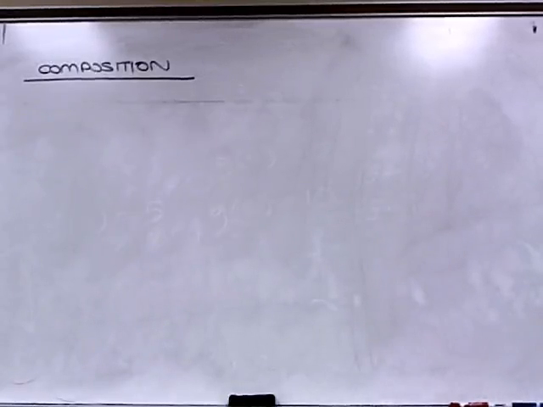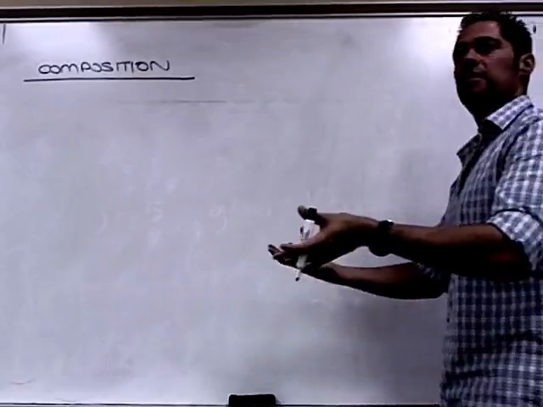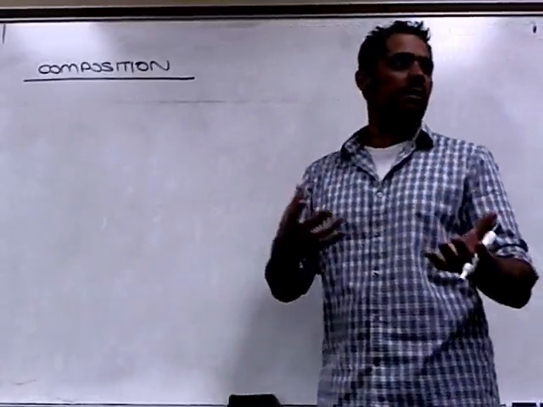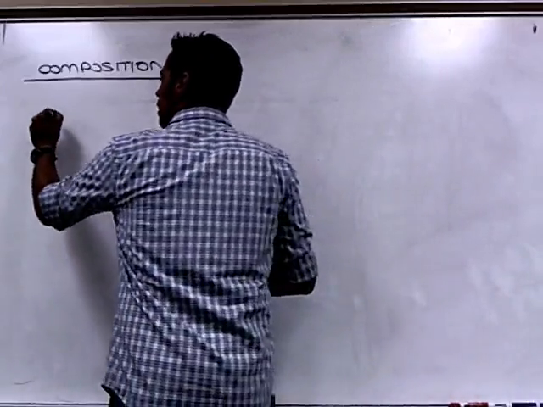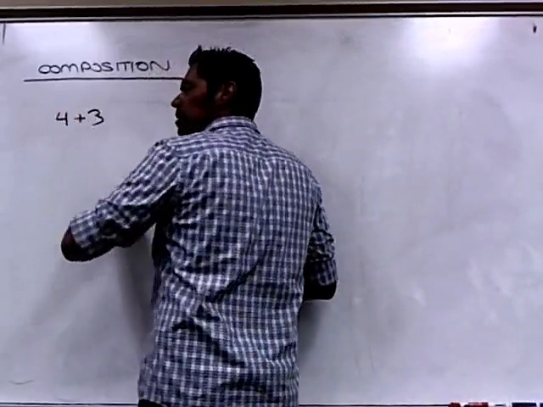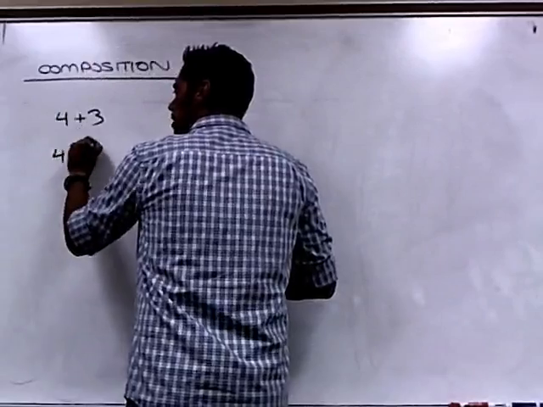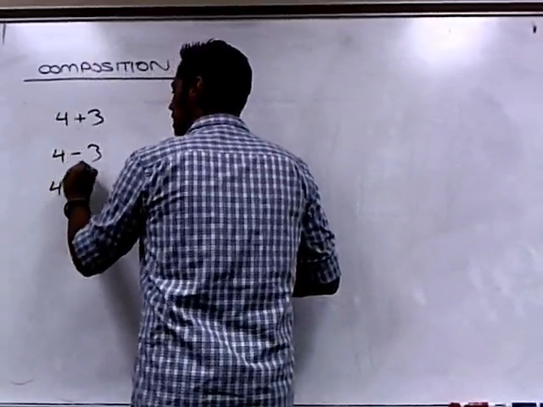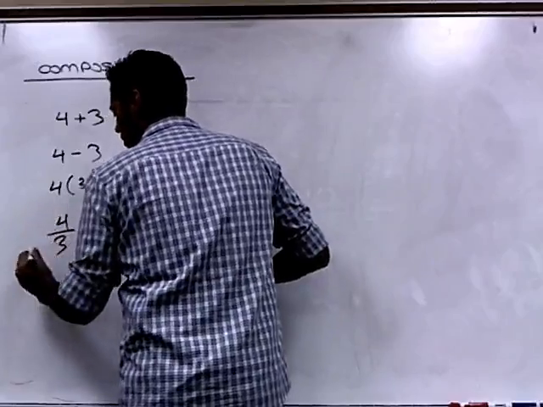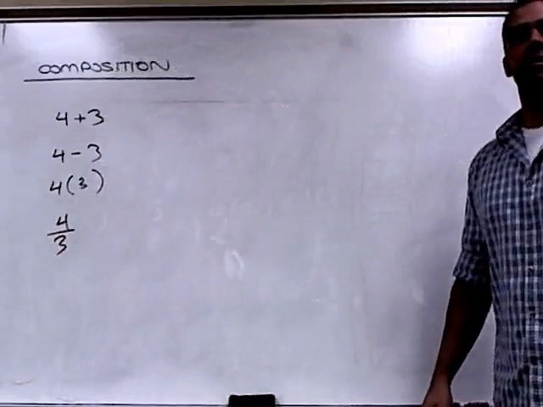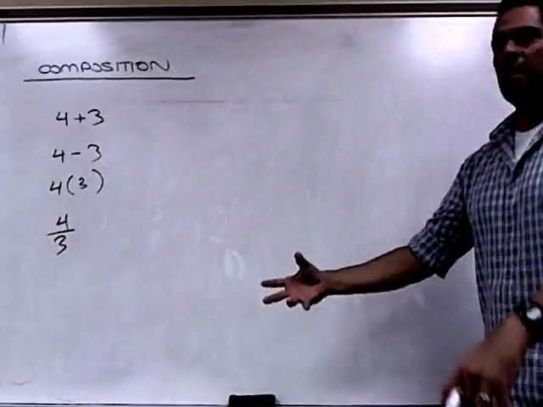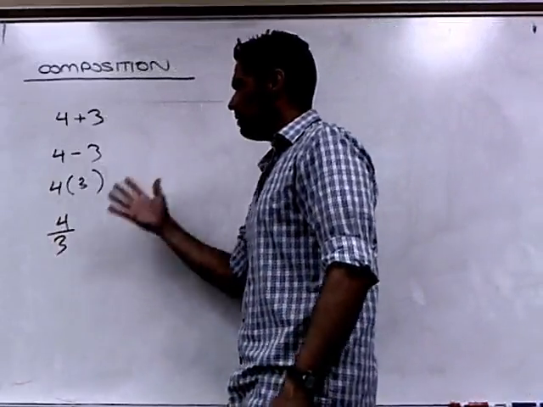Okay, composition. There is not an equivalent to composition when you're looking at numbers. Like I was saying earlier, you're taught 4 plus 3, everyone's happy, right? You're taught 4 minus 3, 4 times 3, 4 divided by 3, everyone's happy. Everyone understands addition, subtraction, multiplication, division.